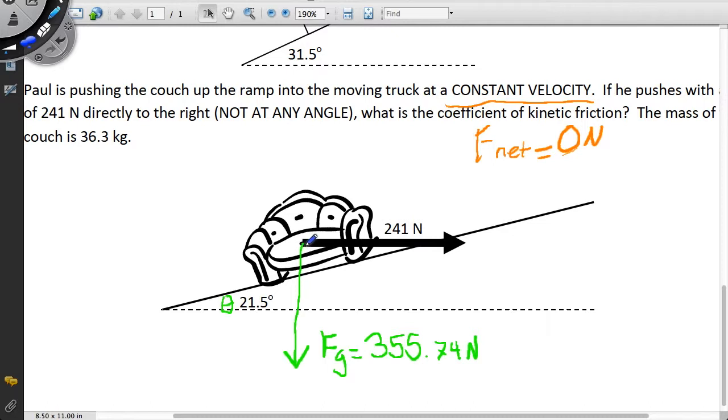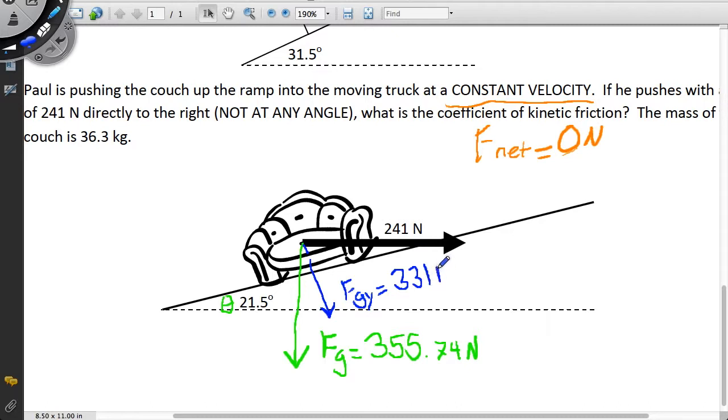And when I do that, I will see that I will have a force that points directly down. This is what's making all the contact with the couch. So this is my FGY.